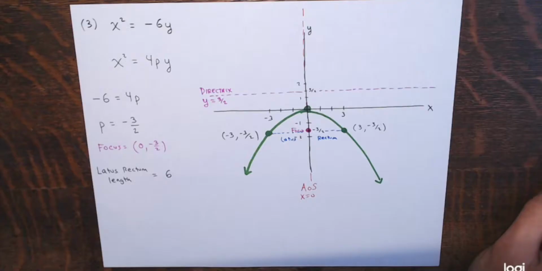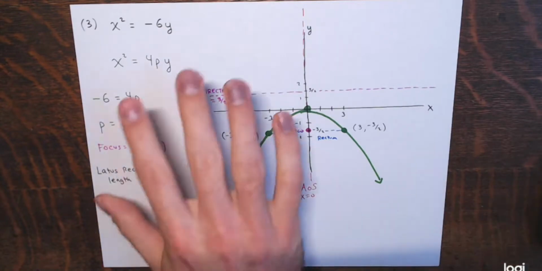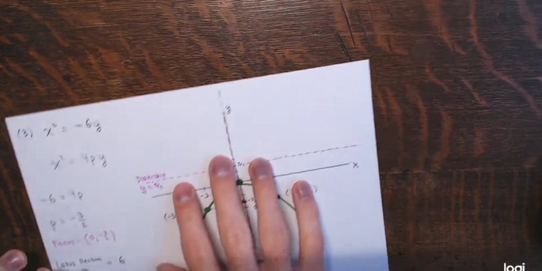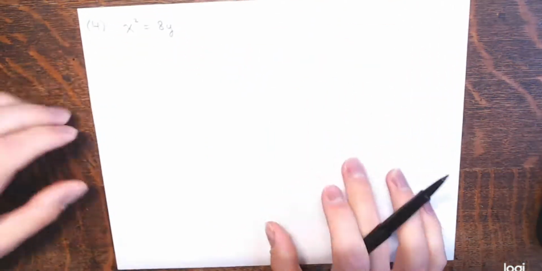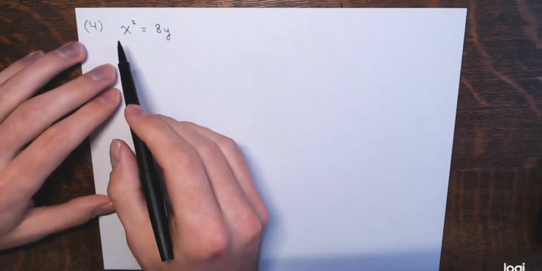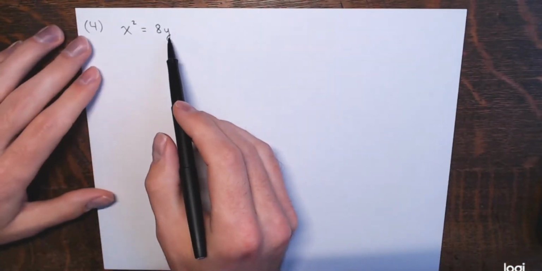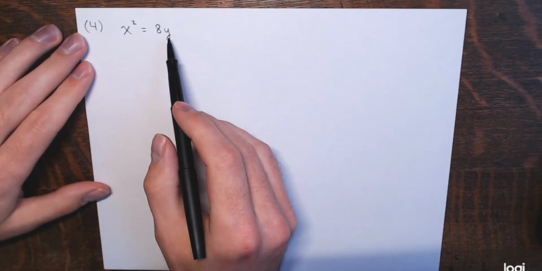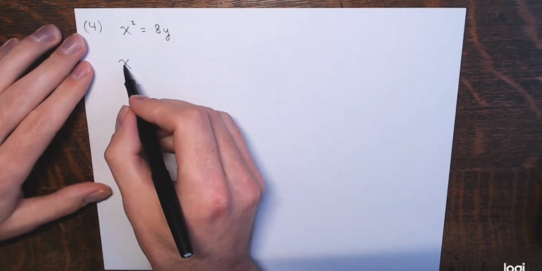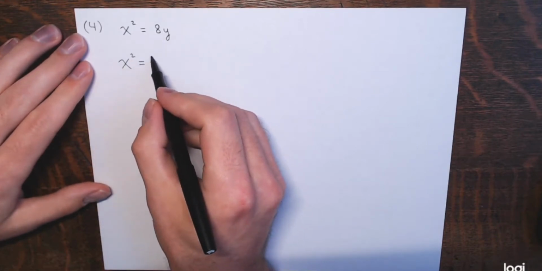Looking good. All right, so my next example is similar to this. It's another one where the axis of symmetry will be vertical, where x is squared and y is not. X squared equals 8y. So again, this is in this form. X squared equals 4py.